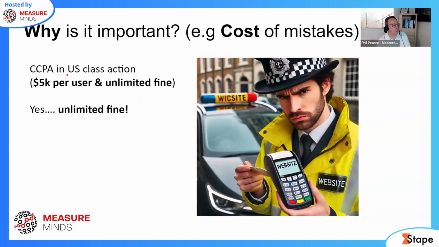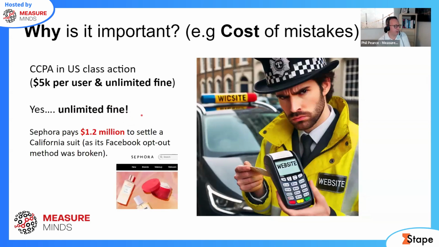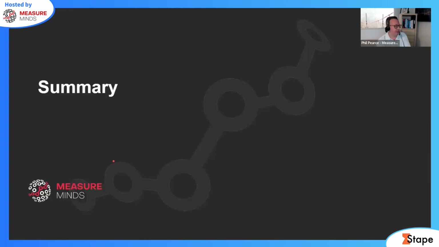So be careful if you operate in California and you have more than 25 million in global revenue in the US, because there is an unlimited fine if it ever went to court as a class action. Here's an example. This is actually an FTC fine of 1.2 million for having a Facebook tag loaded outside of consent and not having a do not sell footer link and a non-working opt-out. So be careful if you're in America. Make sure you don't get it wrong, especially with your targeting tags.